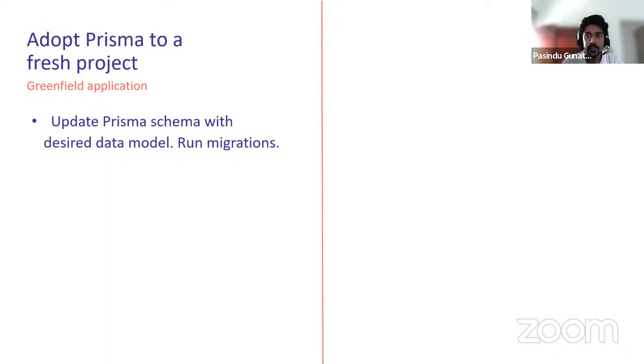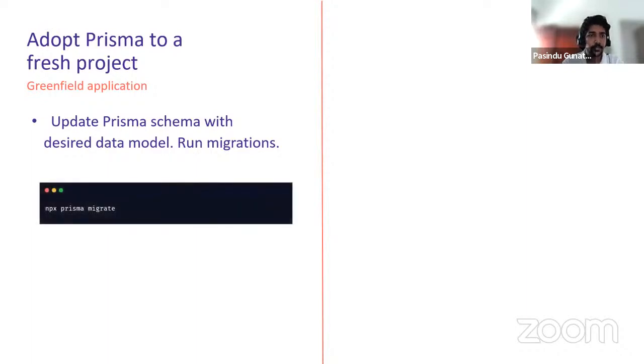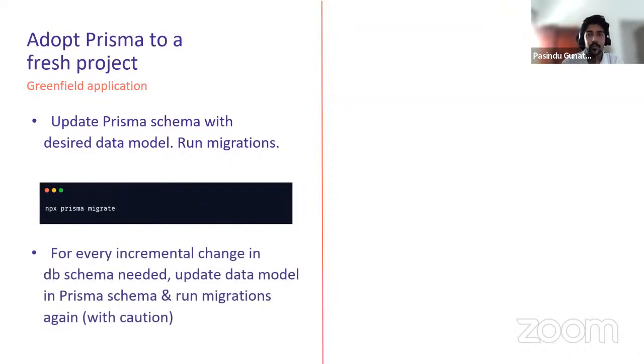And you run migrations in order to generate the underlying database entities. For this, you can invoke npx prisma migrate. Then for every incremental change needed in the DB schema, you have to update the data model in the Prisma schema and run migrations again. Afterwards, you resort to the command npx prisma generate in order to generate the Prisma client, which will be used to perform CRUD operations.